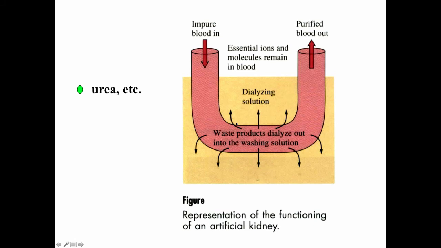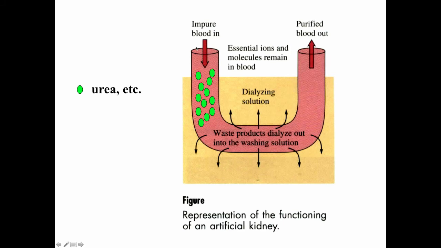And remember that semi-permeable membranes allow some substances to pass through and not others. Normally, it's small molecules like water that pass through, and proteins and other things aren't able to get through. But the membrane that's used for dialysis is a special membrane that actually allows waste products like urea and things like that to pass through it.